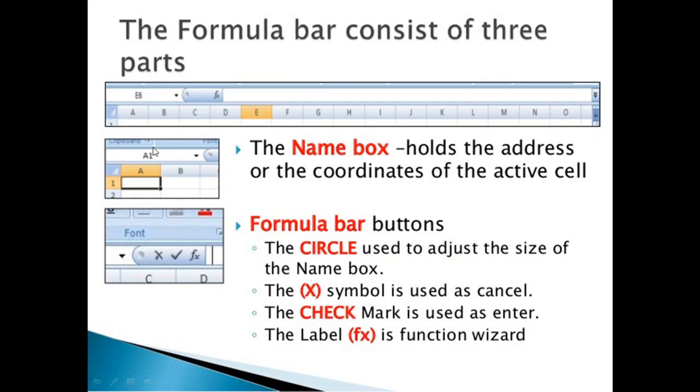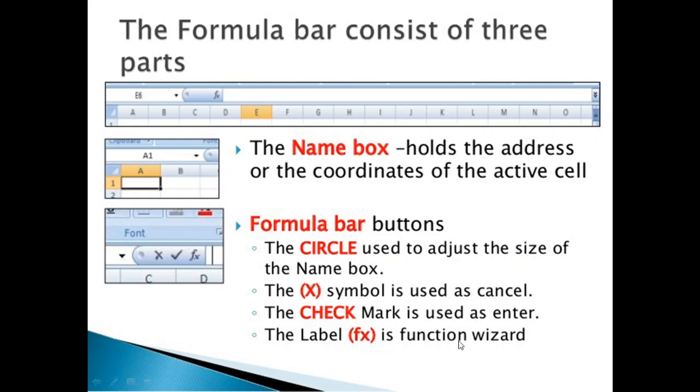What a cell address is, I will explain in further videos. And what is the formula bar? The circle is used to adjust the size of the name box. The X symbol is used to cancel. The check mark is used to enter the label.